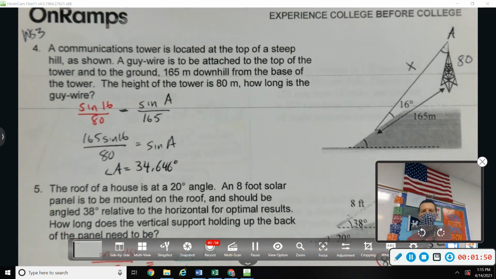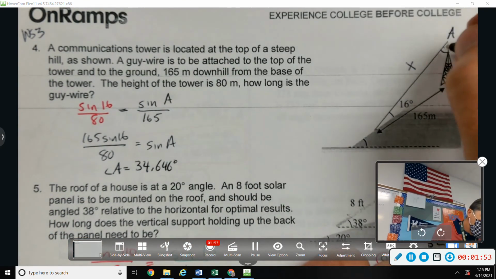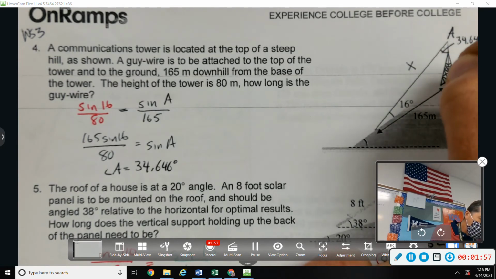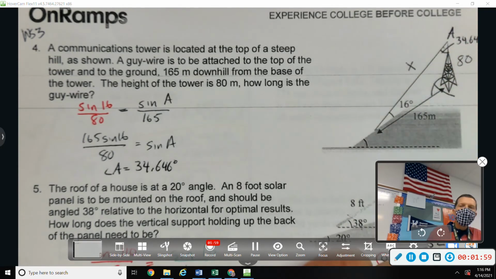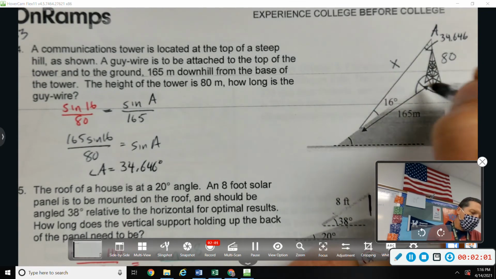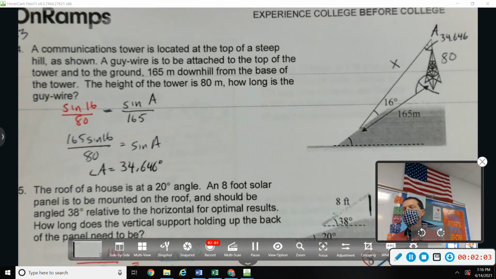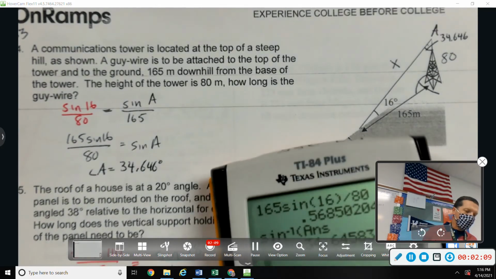Again, that's not really what I'm looking for, but it will help me find this angle, and then I can use that angle to find the side. Basically, the question was asked in such a way that I had to find everything in order to find the one thing that I wanted.